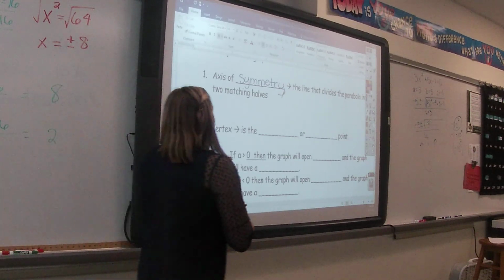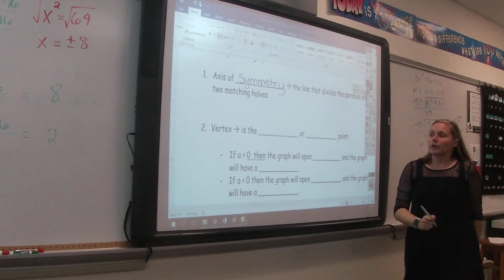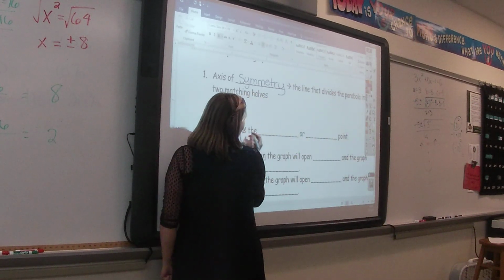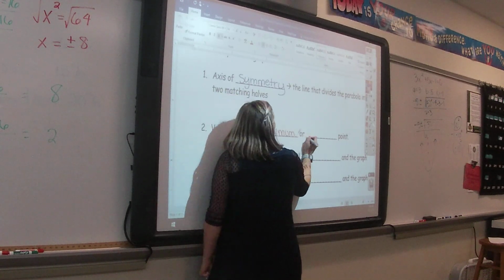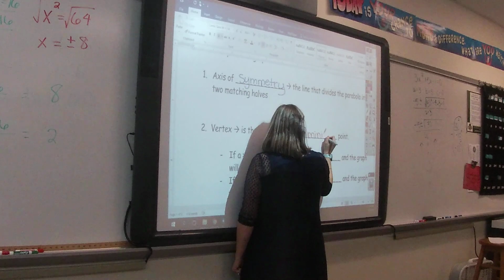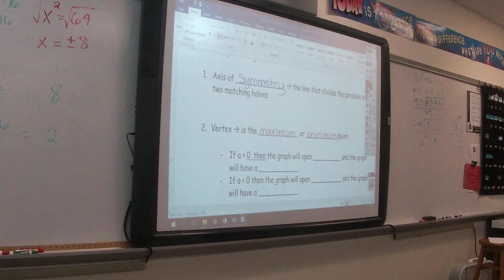A quadratic also has a vertex. Well, the graph of a quadratic. It is the maximum or the minimum point. Max or min, shorten it if you want.